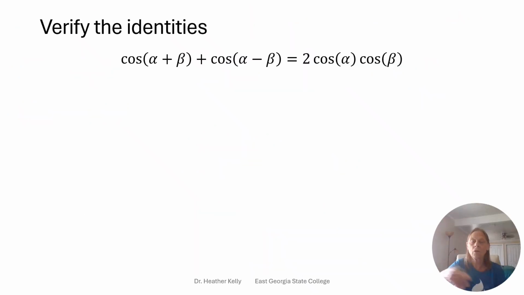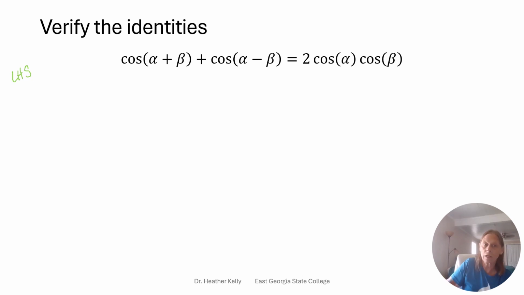Awesome. Let's look at these identities, okay? So verifying the identities, the only thing that is left for you to do is to apply the rule and try to make that right side match that left side. So I'm just going to apply the rule on this left-hand side.